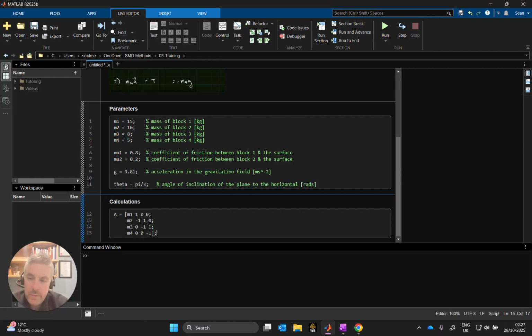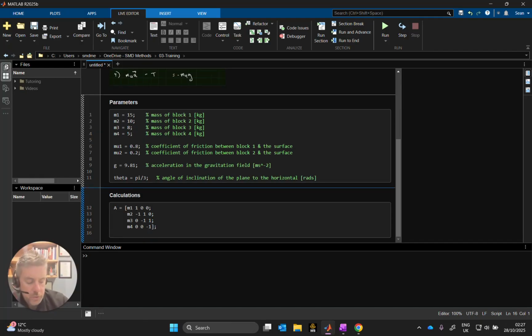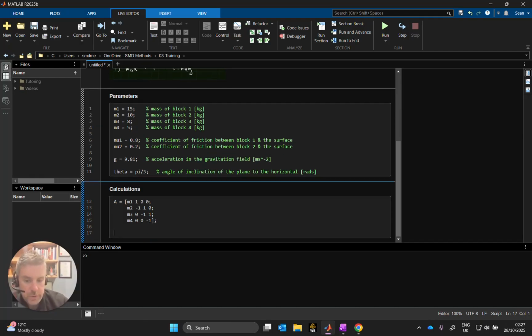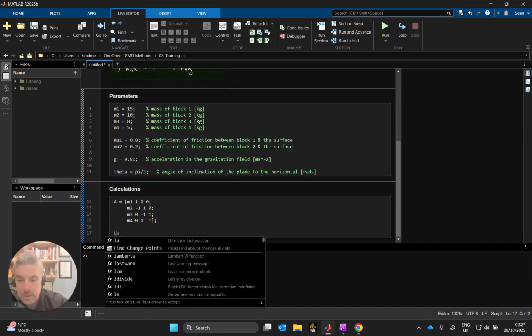Now, for LU decomposition, what we need to do is decompose this coefficient matrix into its lower and upper components. That'll generally be done by Gaussian elimination. But we do have a function in here called LU, and we can see it in here, LU matrix factorization.